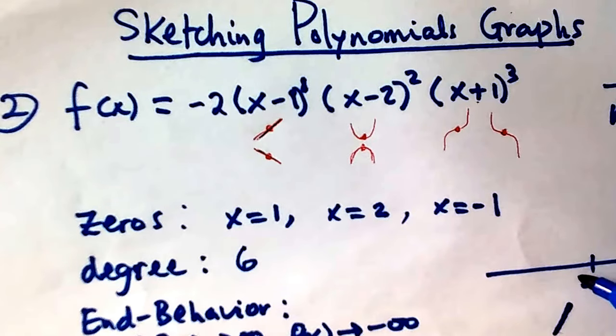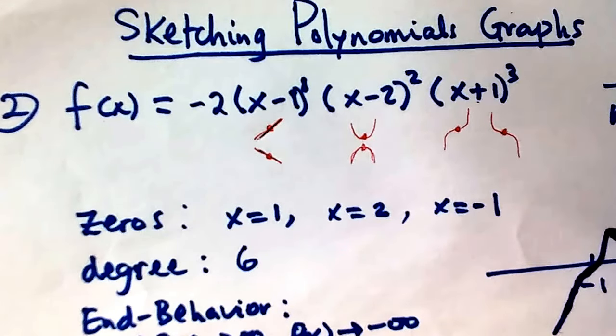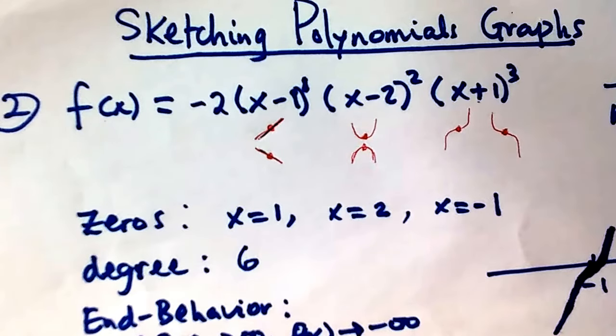So it's going to start coming like that, like snaking around, going and then going up. That's not perfect, but you get the point. It's almost like sneaking around there.